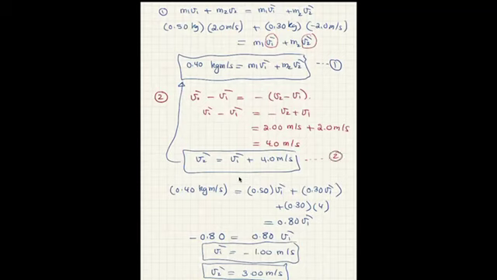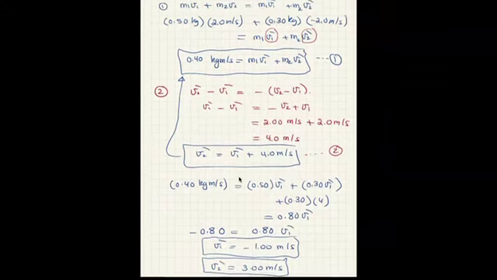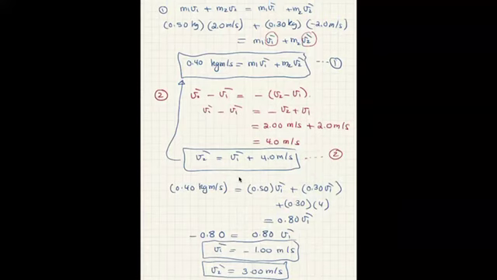Now I have two equations with two unknowns, so I will be able to solve: V2 prime equals V1 prime plus 4. You can substitute this into the equation, and from that you can get the velocities after the collision, V1 prime and V2 prime.